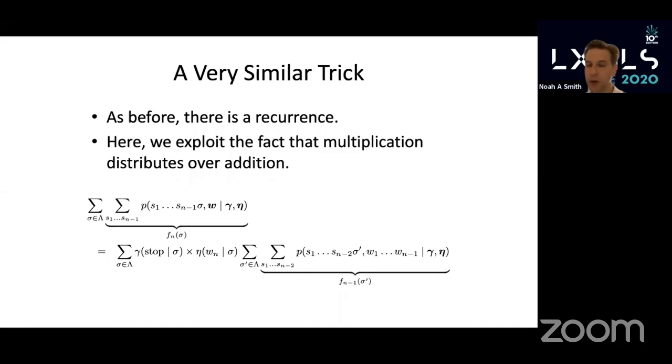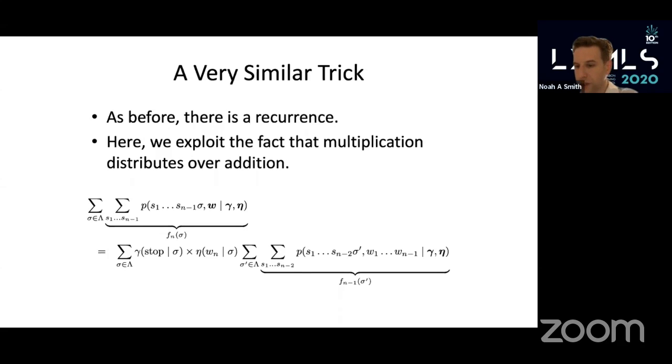We essentially repeatedly pull out some of the transition and emission probabilities one at a time and unfold the sum repeatedly one position at a time. So what we ultimately get is a sum of products of sum of products of sum of products. And what we're exploiting is the fact that multiplication distributes over addition.